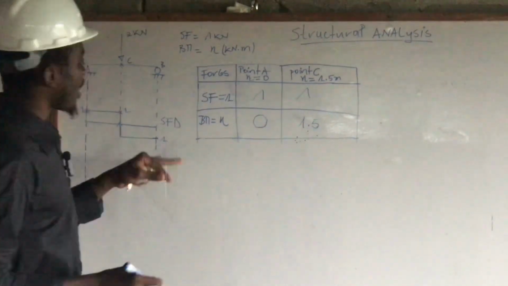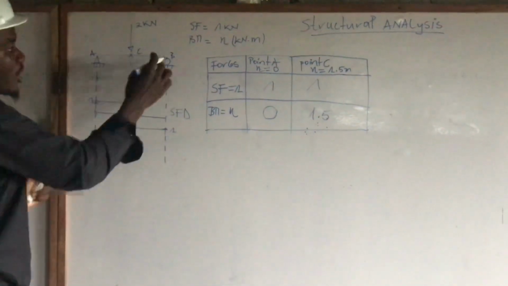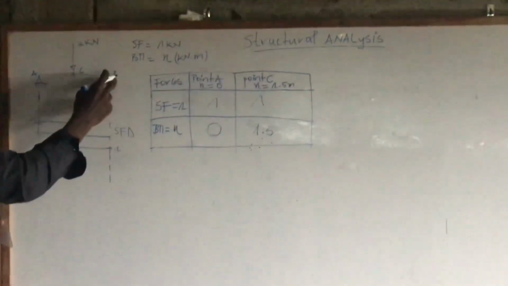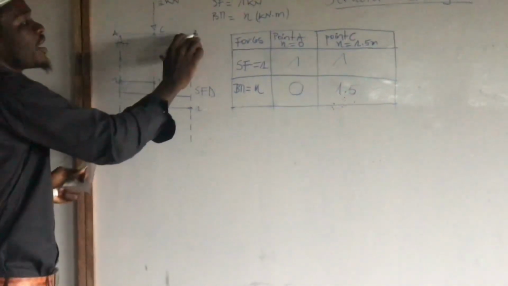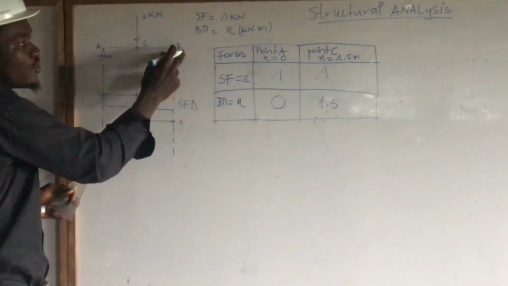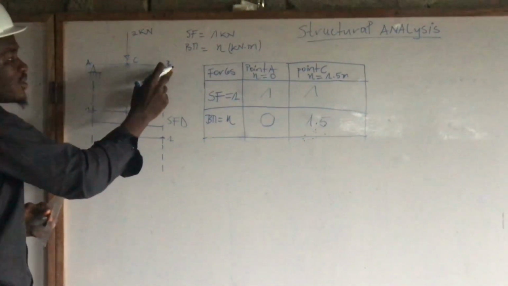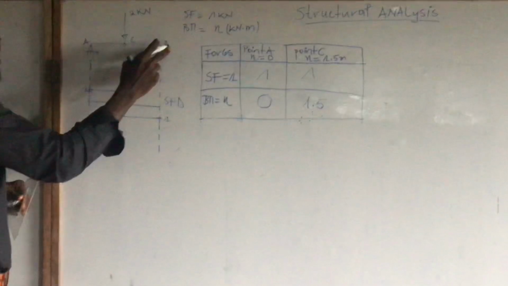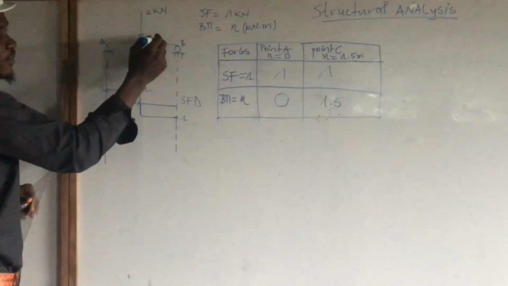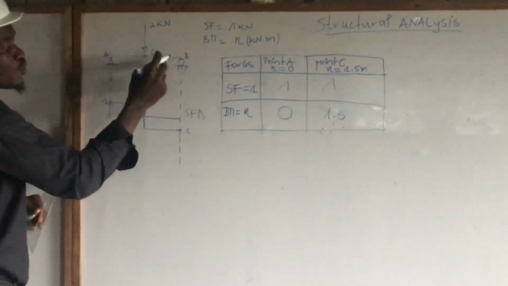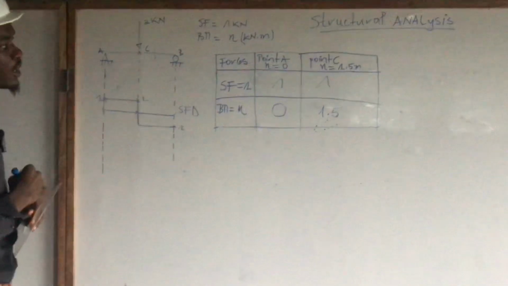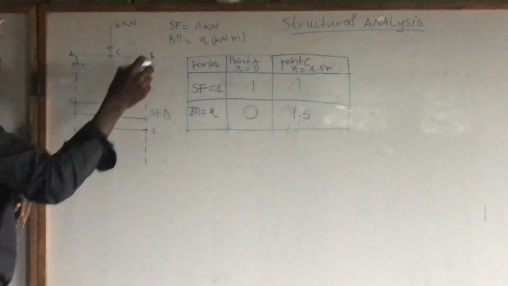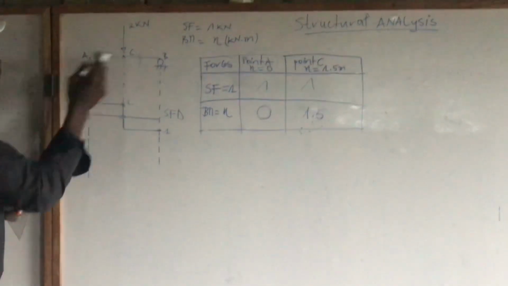SFD. Okay, so as I said, if we make a cut from point B to the center here, we still consider the point B to be our 0. If we analyze it, if we make a cut from B to the load, we analyze it the same way we analyzed it from A to the center.